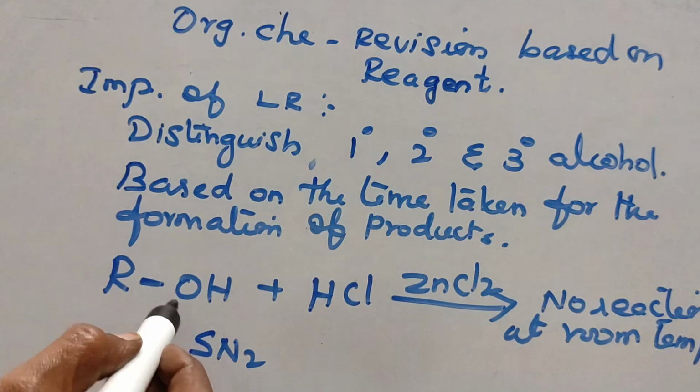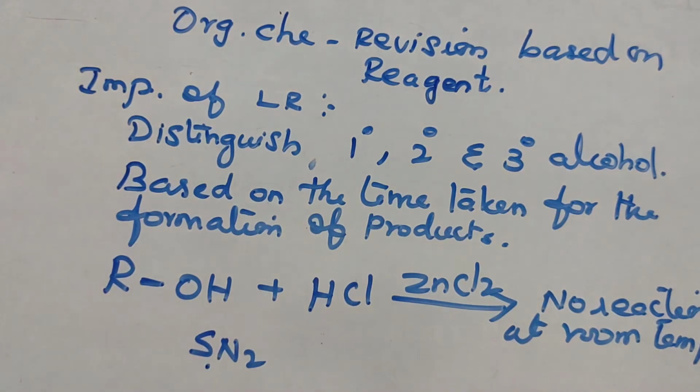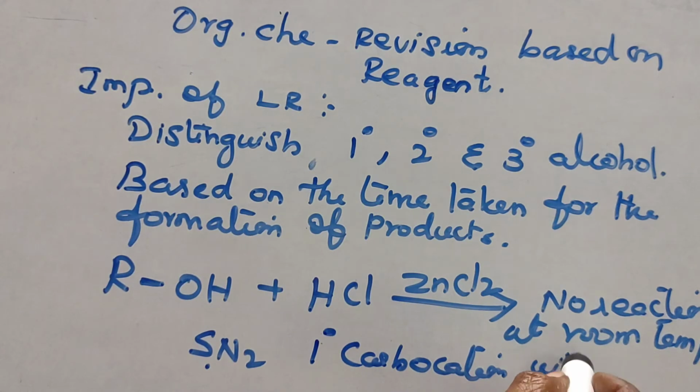Usually the SN2 mechanism will be slower than SN1, because here a 1 degree carbocation will be formed. This is less stable than 2 degree and 3 degree. So the formation of this cation will take time and it cannot take place at room temperature.